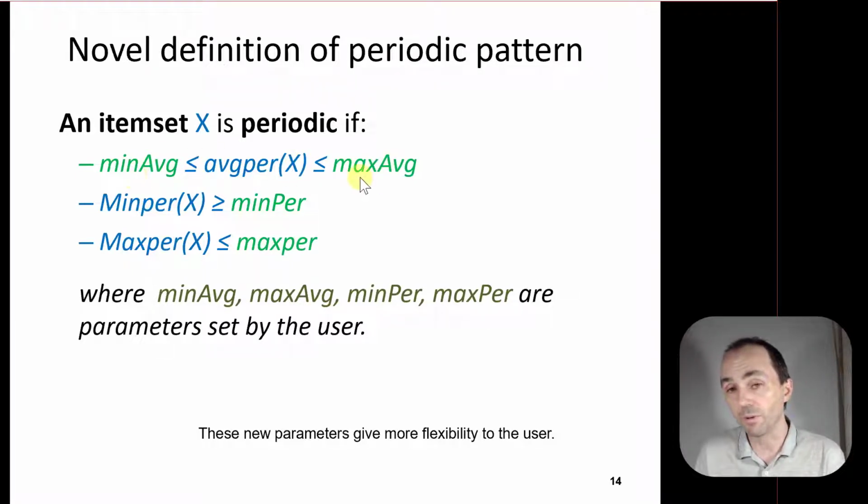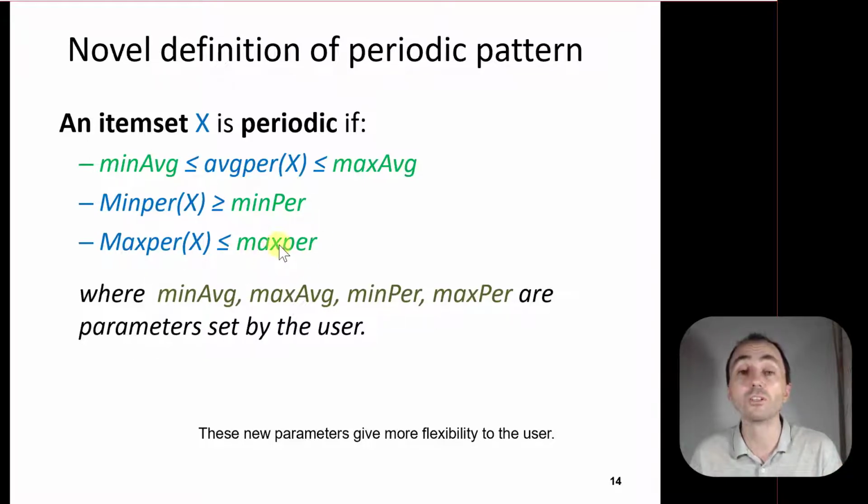The minimum and maximum are parameters set by the user. And also, the minimum period of X, the smallest period of X, is greater or equal to the minimum periodicity, a new parameter. And the maximum periodicity is smaller than max per.